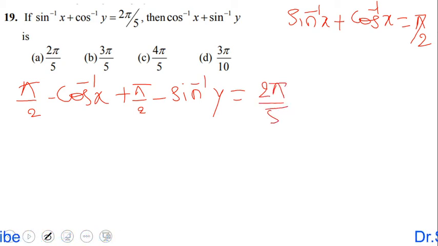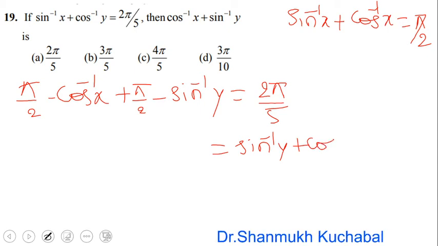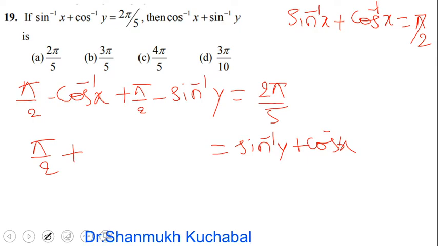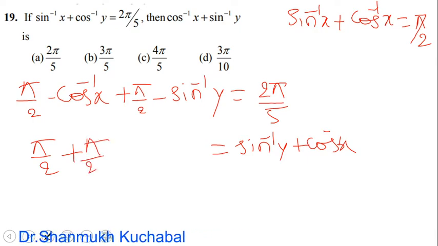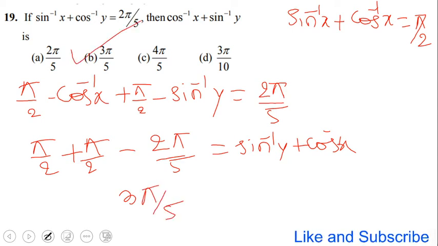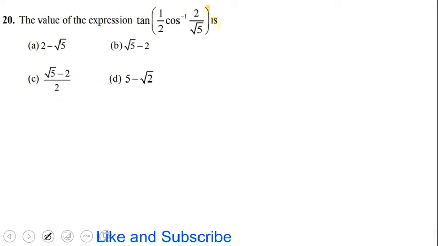Then sine inverse y we take to the RHS, it will become a plus, and cos inverse x we take to the RHS. So on the LHS we get pi by 2 plus pi by 2, and the RHS element 2 pi by 5 we transpose to the LHS, it will become a minus. Simplifying this, we get 3 pi by 5. So clearly option B is the right answer. These are shortcut tricks; like this we have to simplify. Okay, we'll move to the next example.